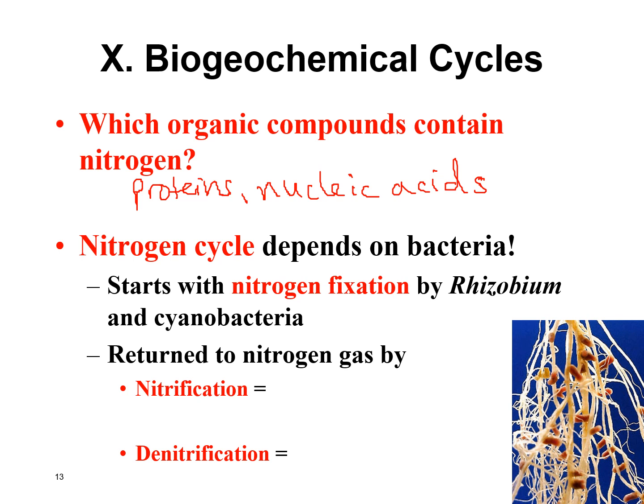But what they're able to do is they will take nitrogen gas that's in the air and they will convert it into ammonia, so NH3. And then that can be used to make organic molecules.